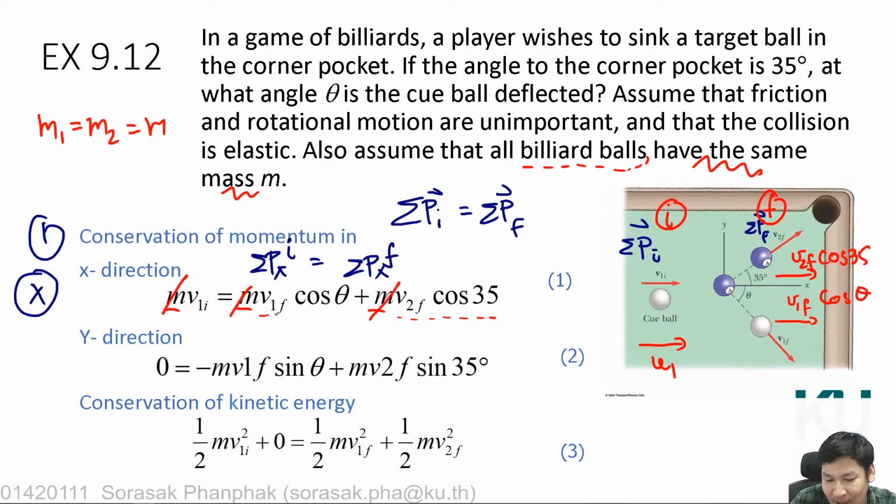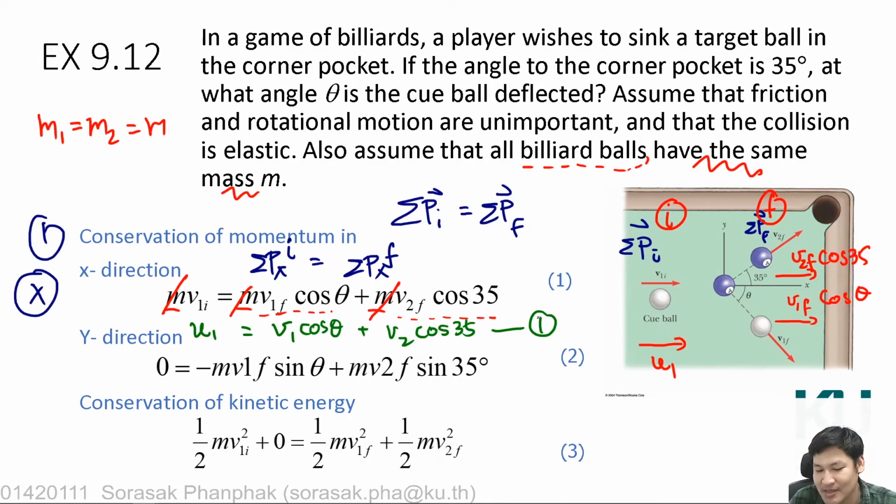Rather than writing like this, you can write u1 equal to v1 cos theta plus v2 cos 35. This is your first equation. You can write it like this because the mass is equal, so you can get rid of it.